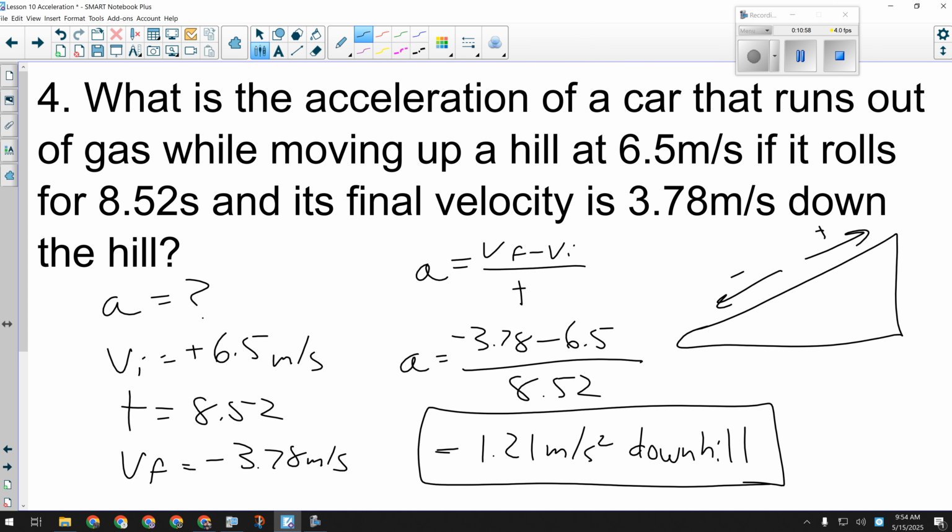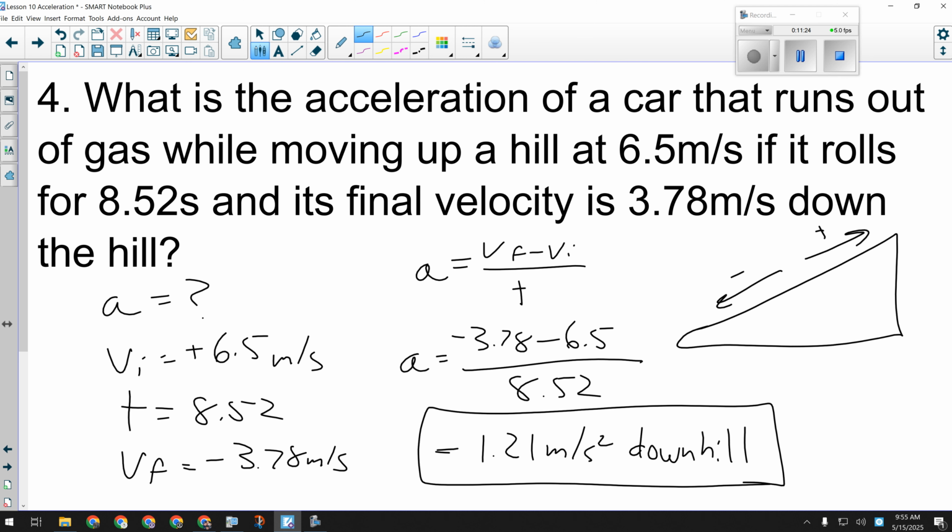Now, here's something that's going to seem super picky, and it's really going to matter when you get to physics 20 and 30. Are down and downhill the same direction? No. Down is straight down. Downhill is at an angle, not straight down. I know that seems incredibly picky, and it is, and I apologize for it.